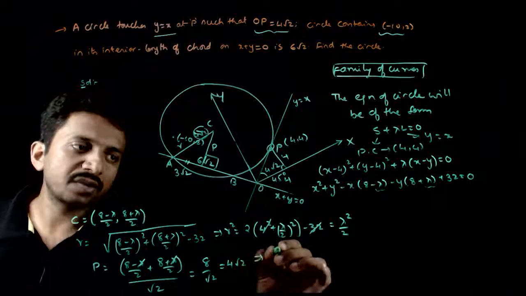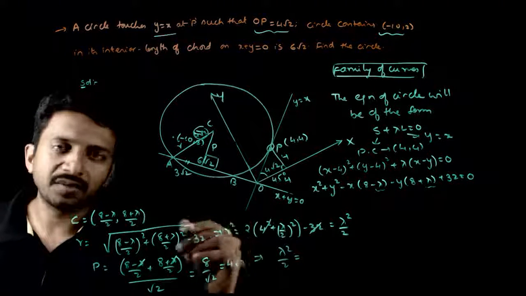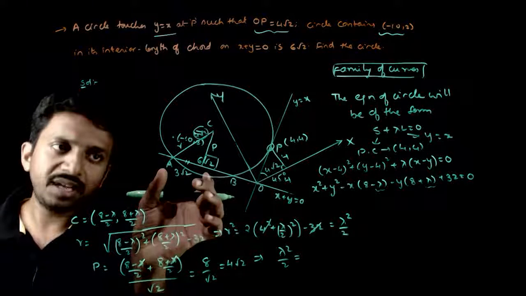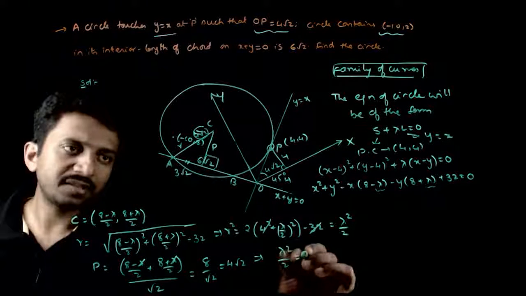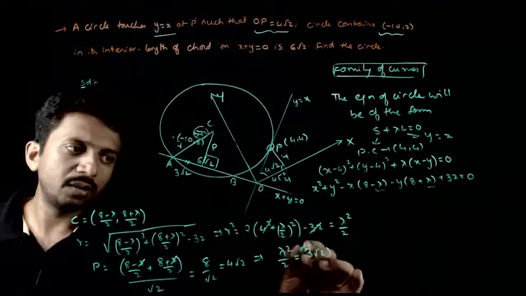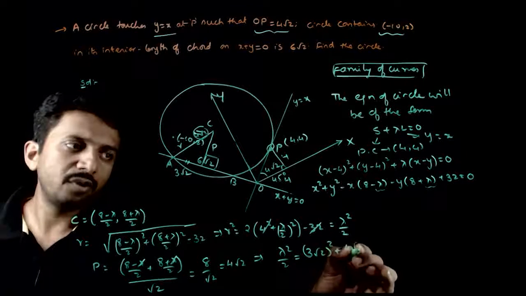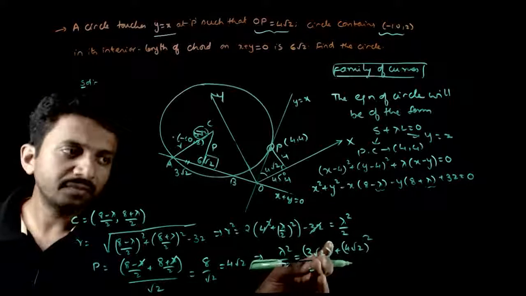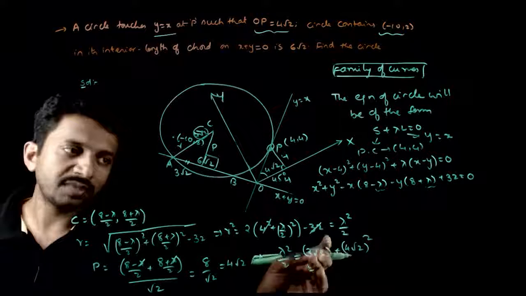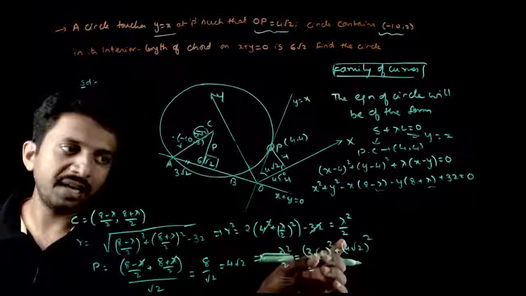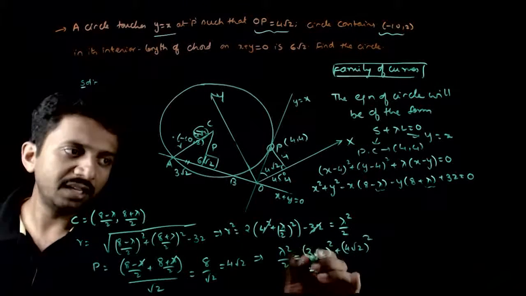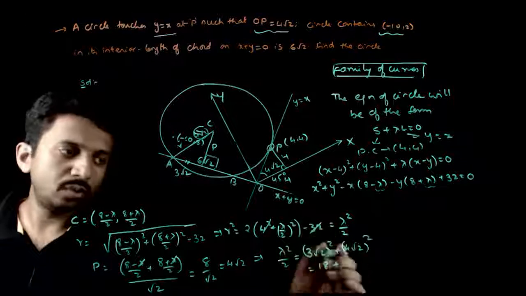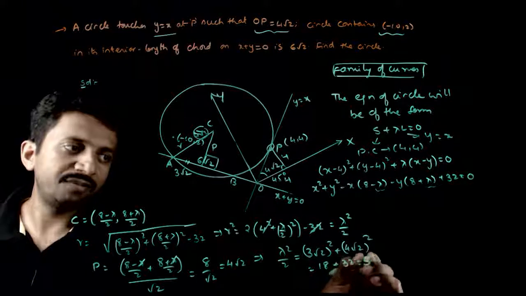So r square, that is λ square by 2, r square is equal to (3 root 2) whole square plus (4 root 2) whole square, that is equal to 9 into 2, 18, plus 16 into 2, that is 32, that is equal to 50.